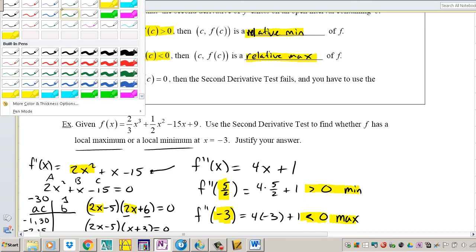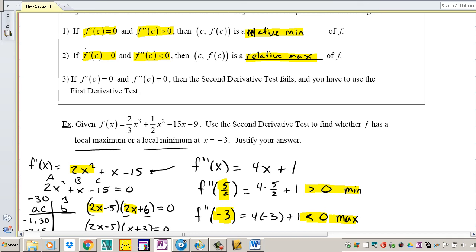So let's justify our answers. So at negative 3, we have a maximum, not a minimum. Let's write our answer.